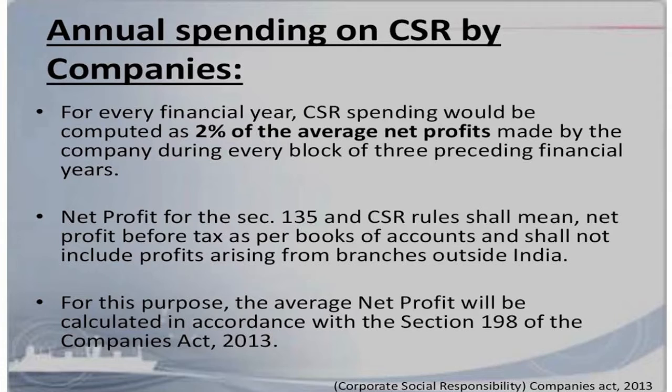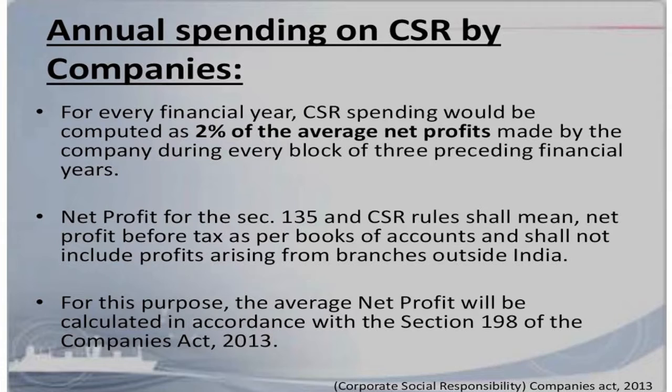Net profit for section 135 and the CSR rules shall mean net profit before tax as per the books of accounts and shall not include profits arising from branches outside India. Section 135 is telling us that income coming from outside India should not be included. Dividend income is not included. So that net profit will be taken as the average profit.